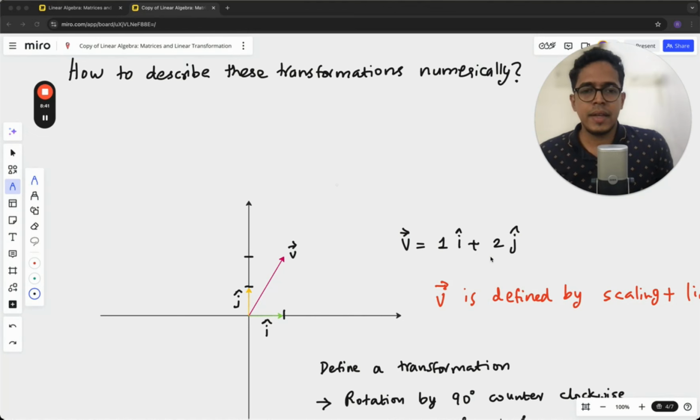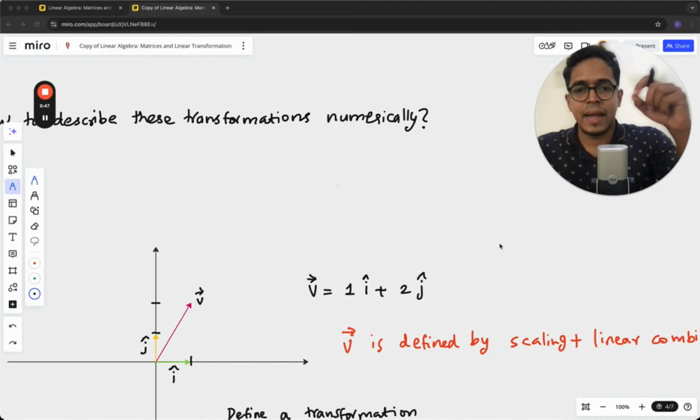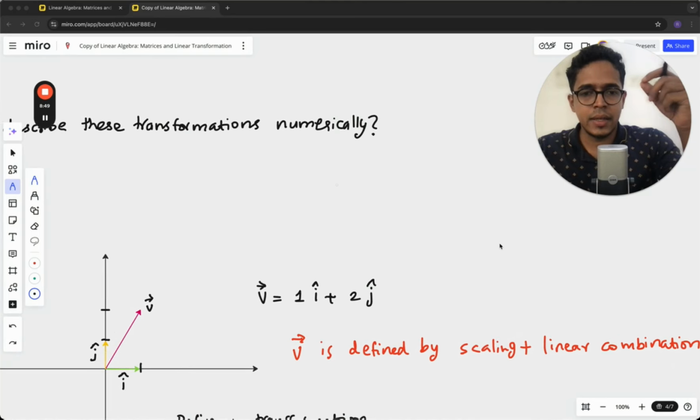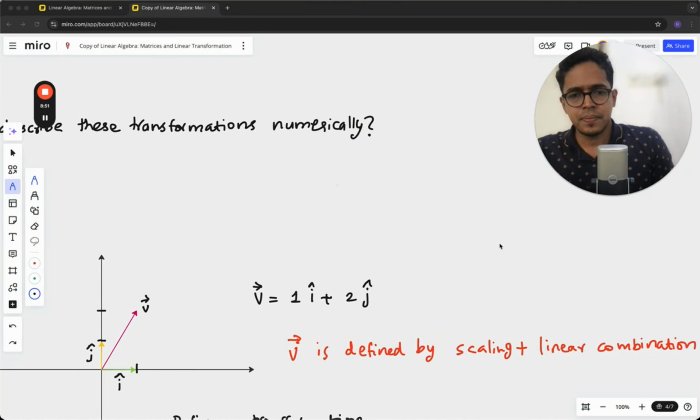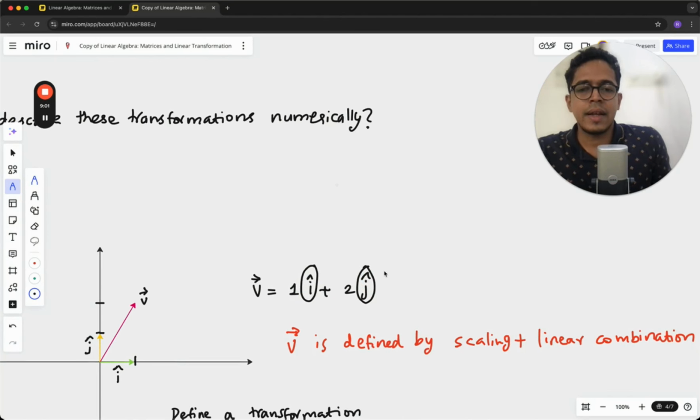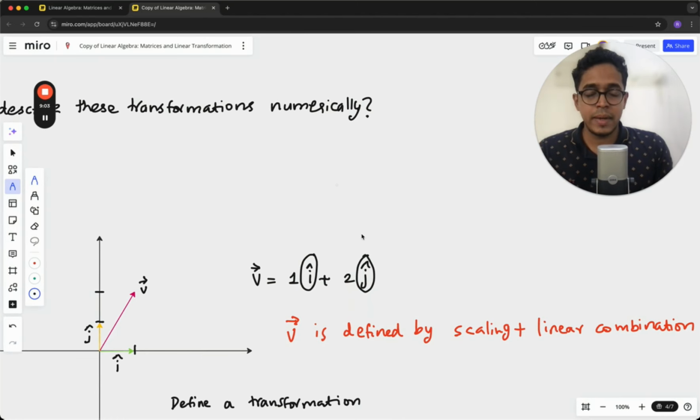So the vector v is defined as 1i plus 2j, and you should remember what this is. This is scaling plus linear combination of the 2 basis vectors. i and j are the basis vectors here, right? And you can express any vector in the xy coordinate system using these basis vectors. And i and j are probably the most fundamental basis vectors that any student learns first.